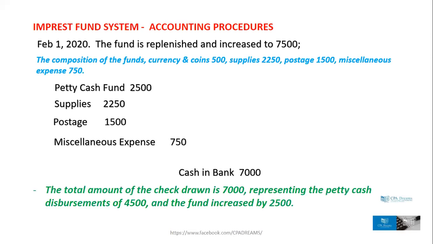Remember, the total amount of the check drawn is 7,000, representing the petty cash disbursements of 4,500 and the fund increase of 2,500. Okay, so that means your petty cash fund as of today is 7,500.